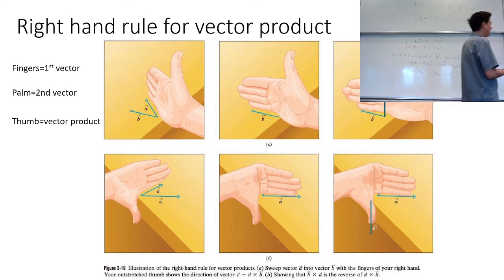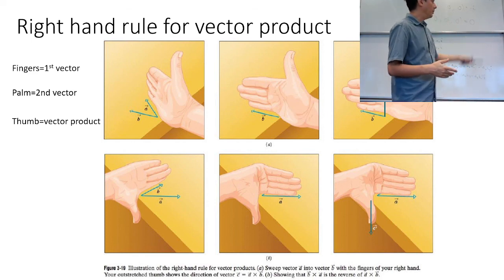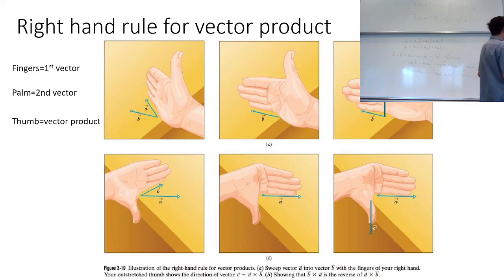There are different variations of this, and some people use this one where you remember which finger is which vector, or this one, which I think is the one in the book. According to this, the fingers are the first vector, and then the palm is the direction of the second vector.